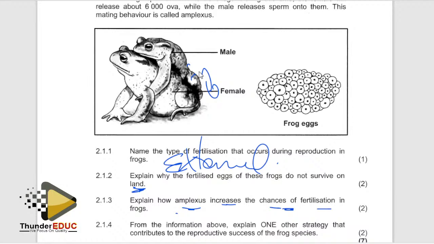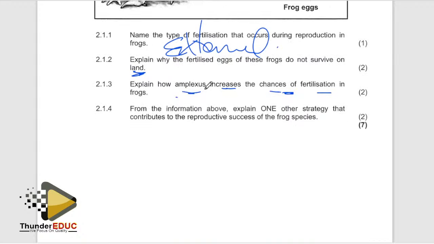By the time they reach there, maybe out of 500 million sperms only about 10 million will survive. And even when they reach there, only one is going to fertilize the ovum. So the sperms being released directly onto the eggs increases the chance of fertilization.